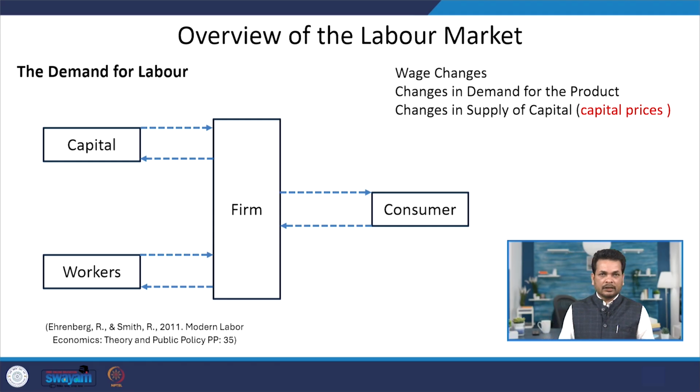You can see the firm interacts with the consumer in the product market by selling certain goods and services. The outcome of this product market is the price and the product demand. The firm interacts with the capital in the capital market.